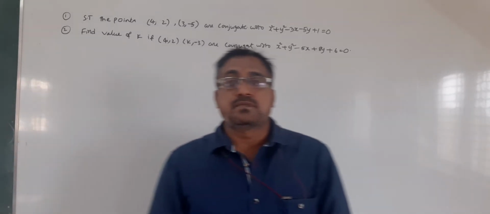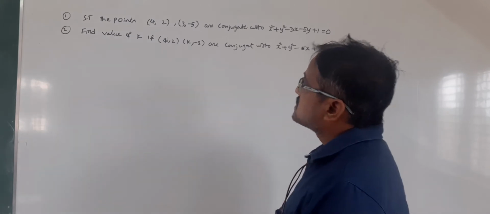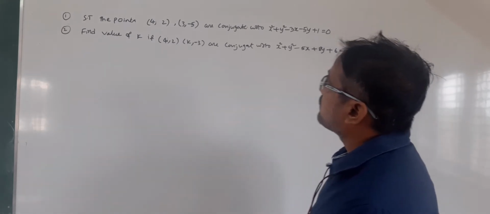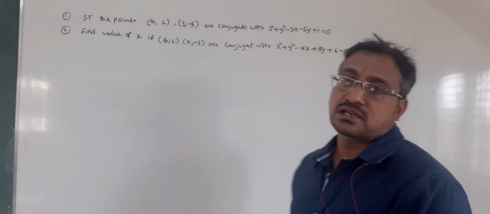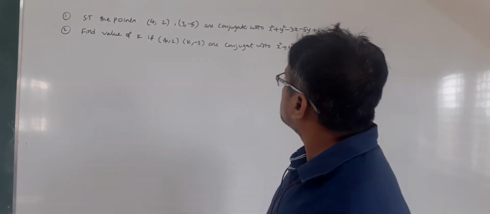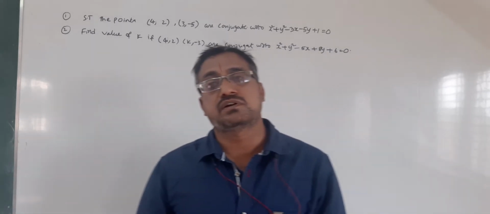Another important problem on conjugate points. Show that the points (4, 2) and (3, -5) are conjugate with respect to the circle x² + y² - 3x - 5y + 1 = 0.